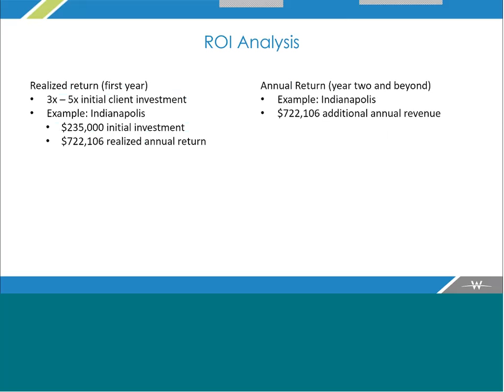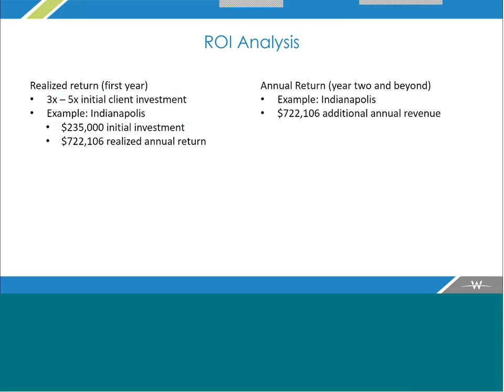To get a little bit more into Indianapolis, just to give you some number breakdowns on the amount that they invested versus what they saw as an annual return. They initially spent around $235,000 to have LiDAR and imagery and to have the extraction process performed, which then equated to around $722,000 increase in their annual return.